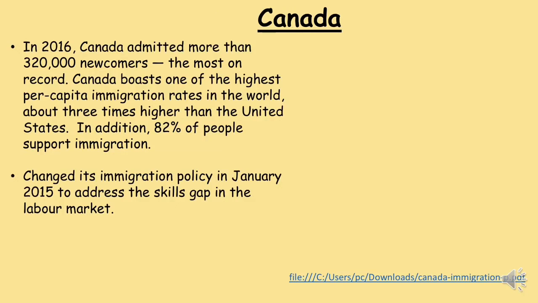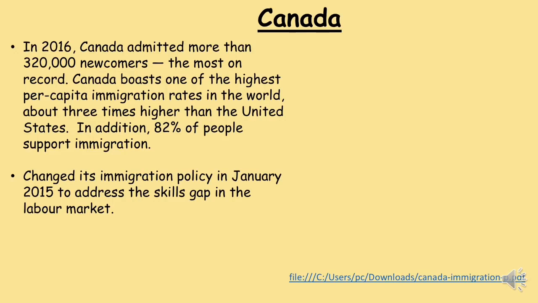The second policy we're going to look at is the Canadian policy. It's a very successful immigration policy aimed at filling a skills gap. It's very well supported by the Canadian population: 82% of people support immigration. The policy is aimed at the country's long-term requirements for engineers, IT specialists and healthcare workers.